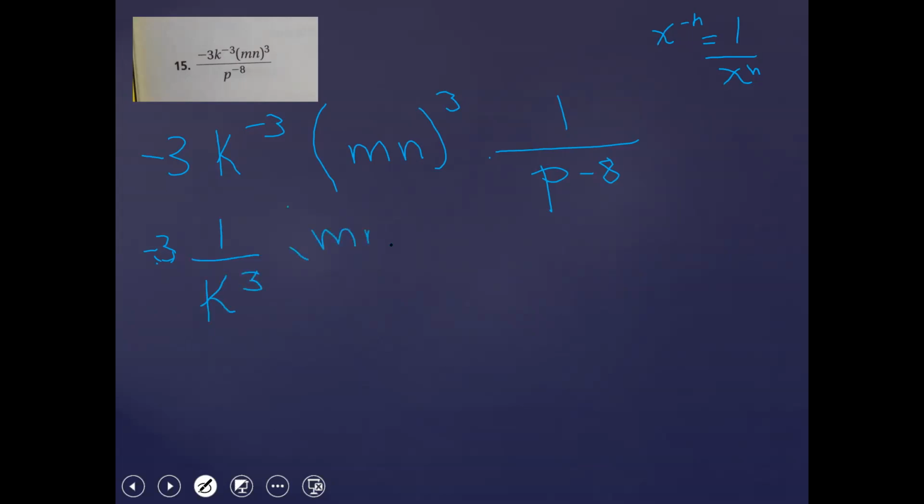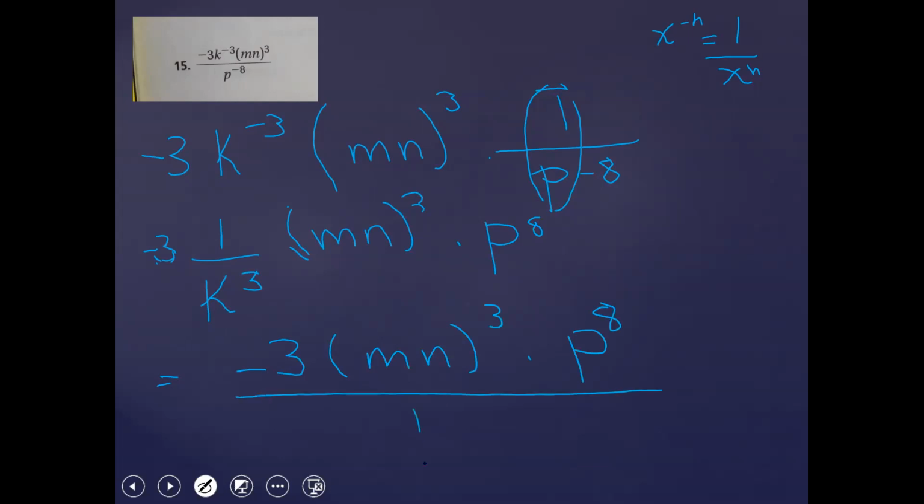Times 1 raised to the power 3 times, here now, 1 over b. The reciprocal of 1 over b is b over 1. And what is the opposite of negative 8? It is 8. So now the answer will be 10 raised to the power 3 times b to the power 8 over k cubed.